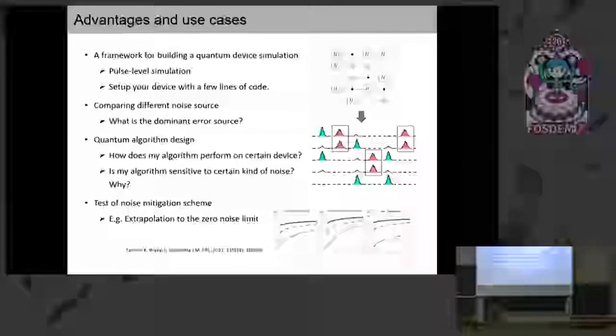In addition, you can also use it to, for example, test some noise mitigation scheme. There's a paper from IBM where they use extrapolation to mitigate noise. Basically, they have a parameter that characterizes the strength of noise, and they run their device, a real physical device, for different noise strengths.